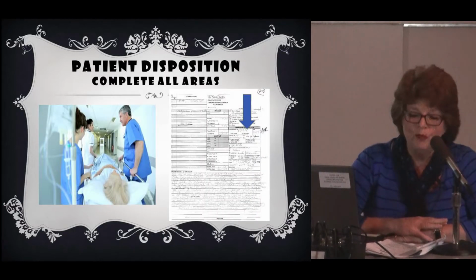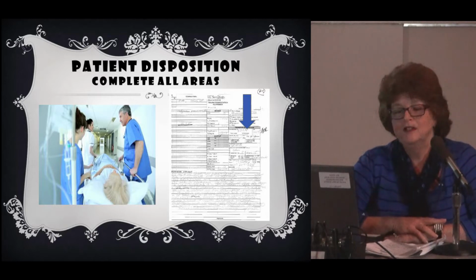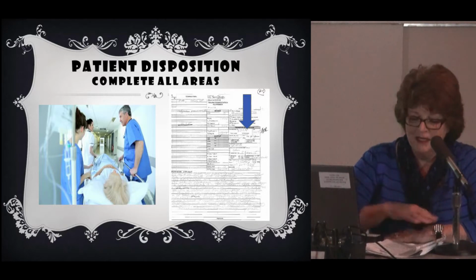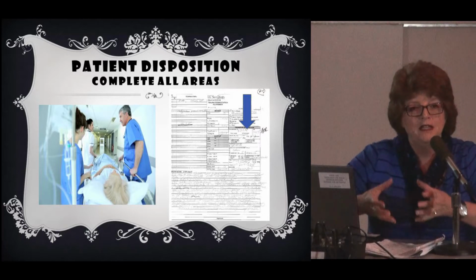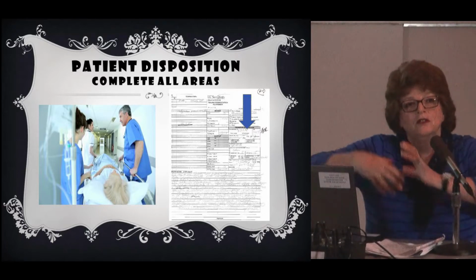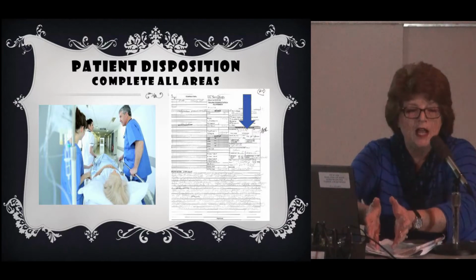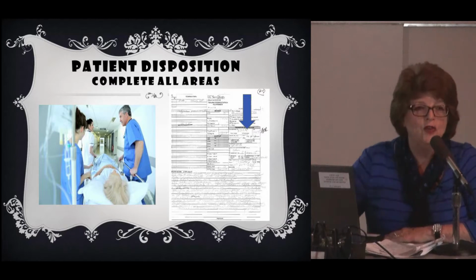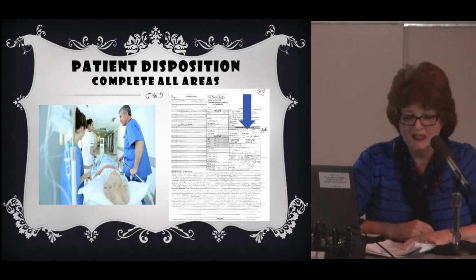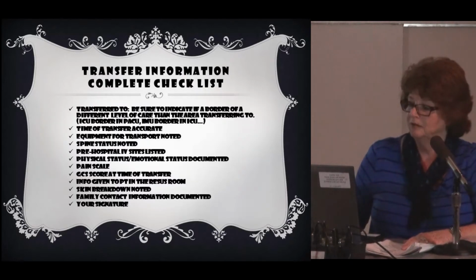Then another important thing is the patient disposition, completing all areas of that. This is your transfer information, and that is really saying, I'm handing this patient in this condition to the next level, whether it's IMU or the ICU nurse, or sometimes even change of shift. So make sure that you have all those areas filled out. You're covering yourself on that.